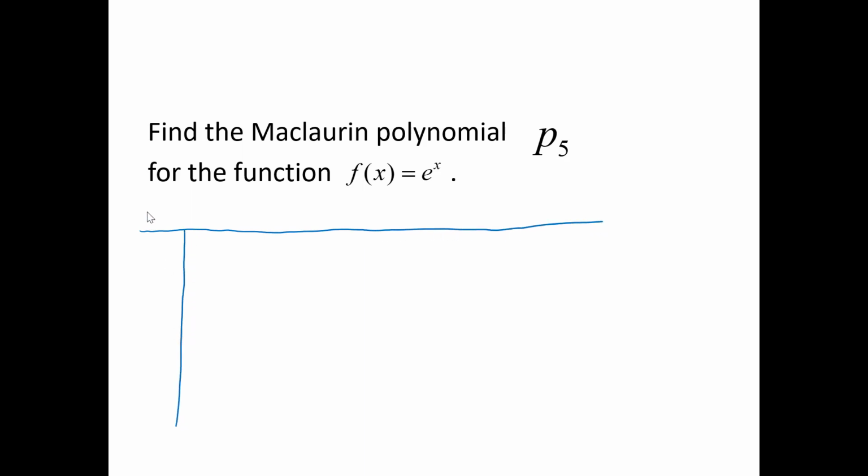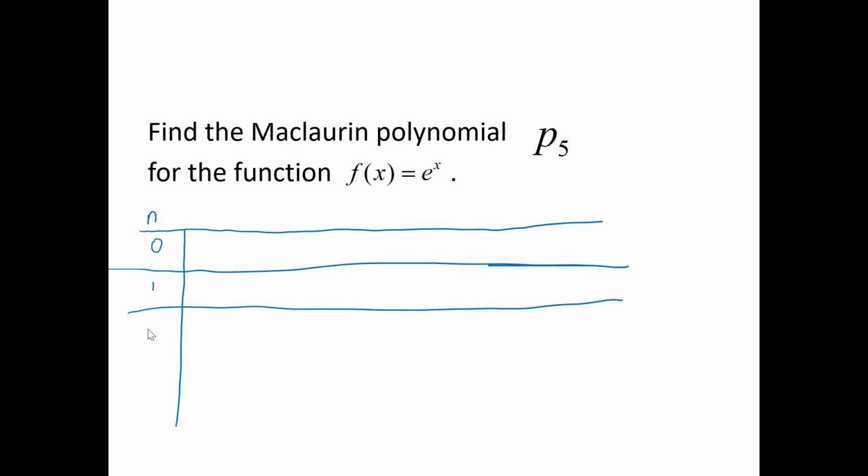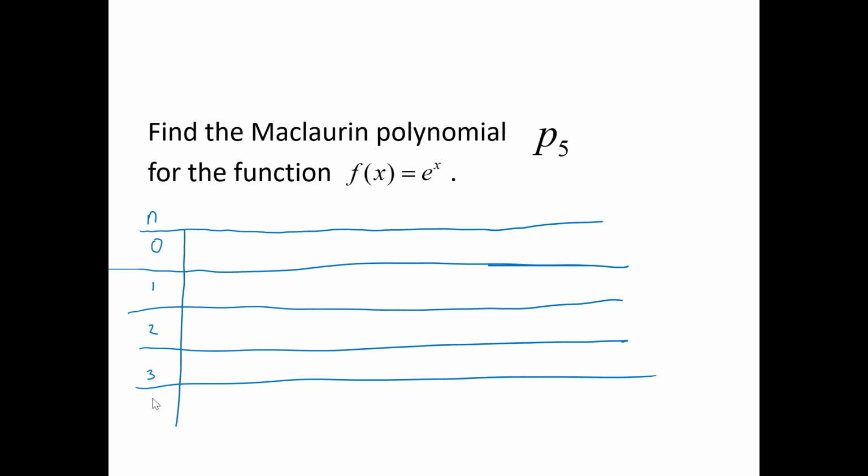Over here on the left, I have n. This corresponds to the derivative that I have taken. We're going to start with 0, and the 0 derivative just means the original function. When n is 1, that means the first derivative. When n is 2, that means the second derivative. 3, third derivative. 4, fourth derivative.